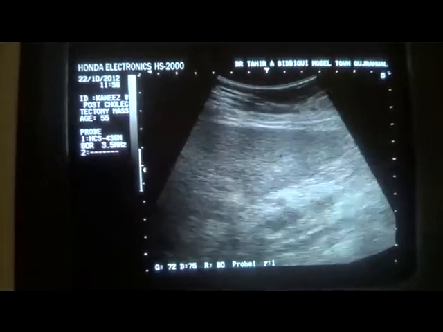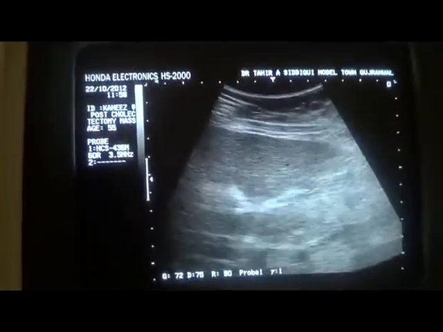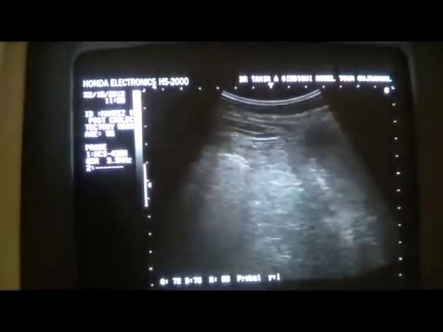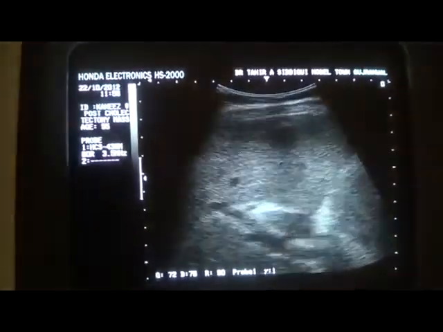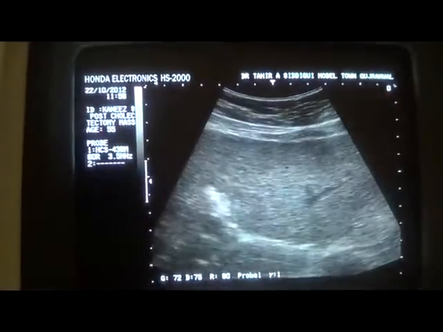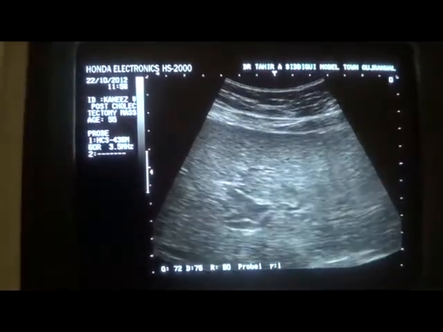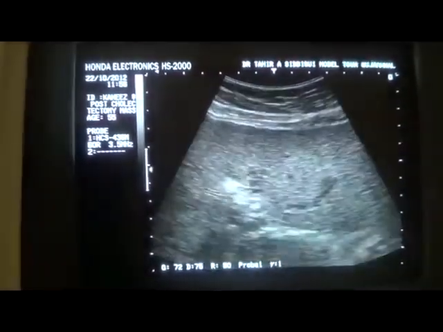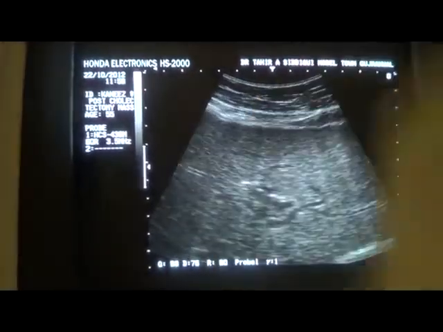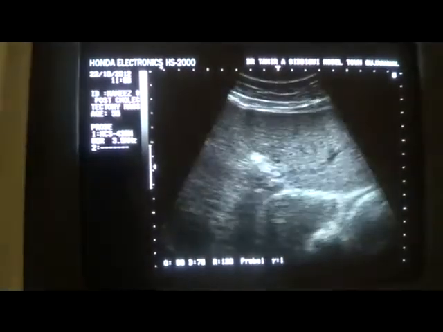A second finding in this patient that has to be evaluated is that I did see some dilation of the intrahepatic bile ducts. Here you see. She gives history of fever with rigors.